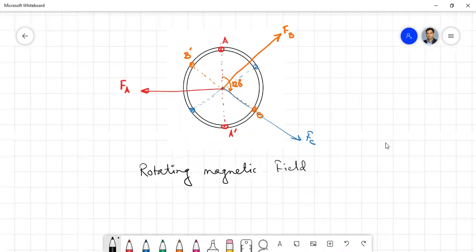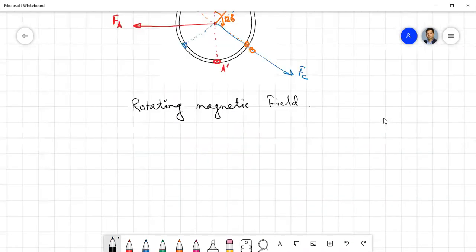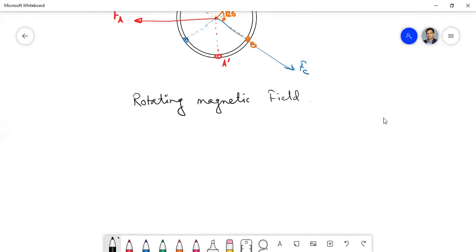Now, if we want to understand this more clearly, we need some time for this type of discussion. But in brief, suppose we have an A phase winding, and we have excited the A phase winding by some current.